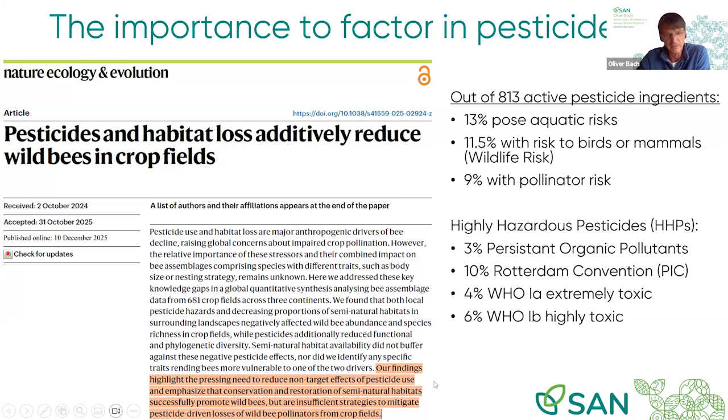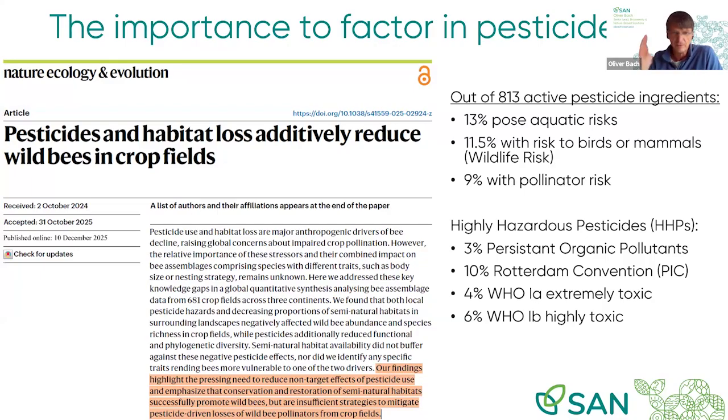So it's not a wise idea. On the left, you can see what I highlighted in orange, please. It's not only valid to emphasize the conservation and restoration of some natural habitats, for example, in the case of wild bees, to promote them, because these strategies, as these researchers have proven, are totally insufficient to mitigate pesticide-driven losses of wild bee pollinators from crop fields.